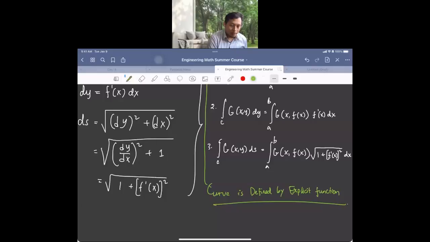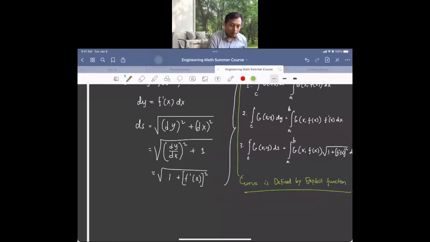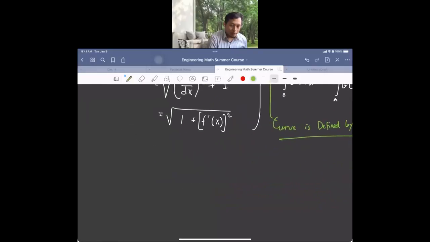Now what happens if we have three variables? Well, for arc length, I think it's easy to introduce if you have three dimensions, that the line integral should have z, sorry.